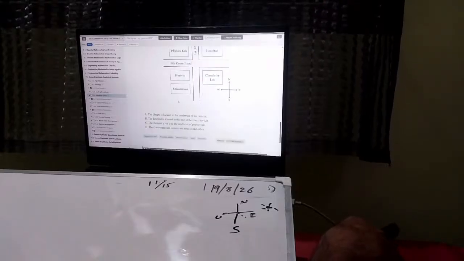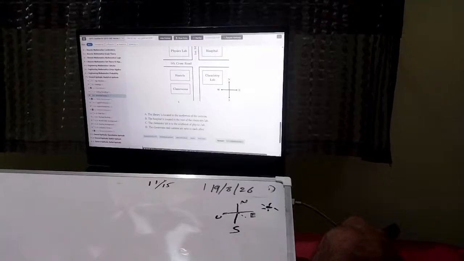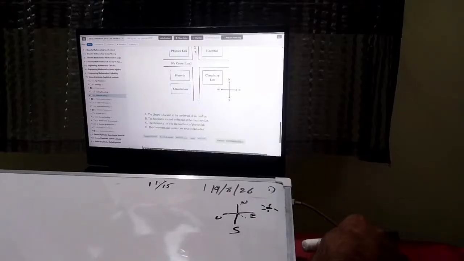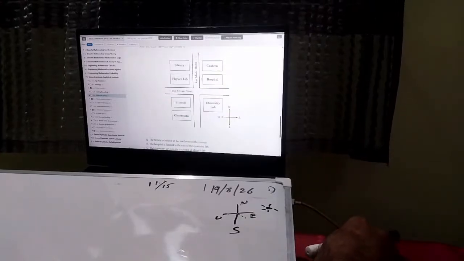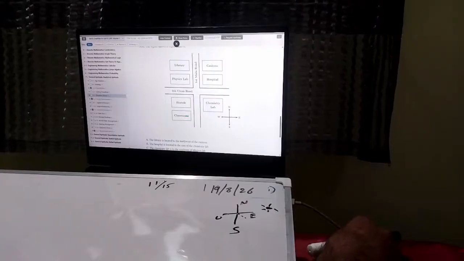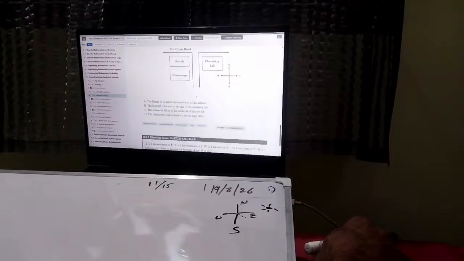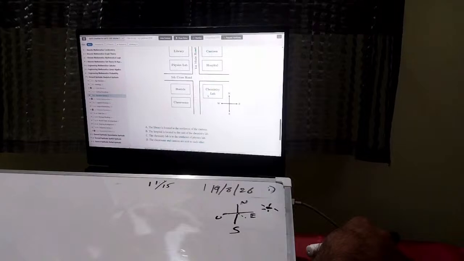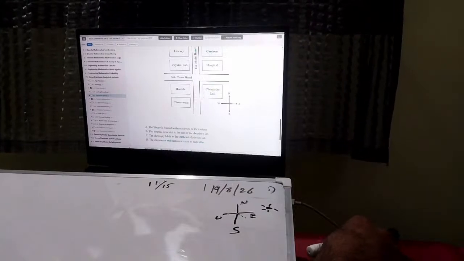The library is located to the northeast of the canteen. You have to make the canteen the center. Northeast means what? It's not lying there, right? So it's wrong. The hospital is located to the east of the chemistry lab. East means this side. So this doesn't match, the hospital is to the north.